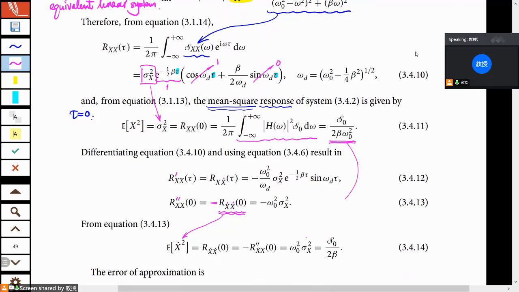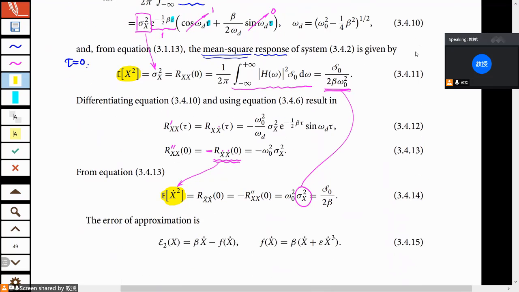And sigma x squared is S0 over 2 beta omega 0 squared. Okay, so we find the mean square value of the velocity. This is the mean square value of the displacement, and the mean square value of the velocity.